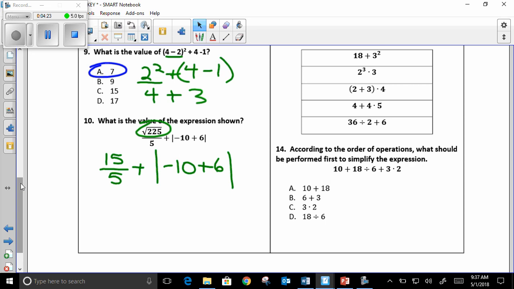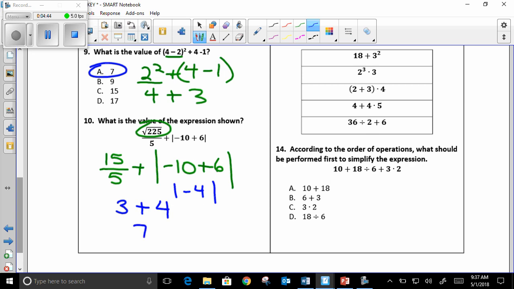Remember that the absolute value is the distance from 0. So 15 over 5 is 3 plus the absolute value of a negative 10 plus 6 is a negative 4. So the absolute value of a negative 4 equals 4, and that's where you get 7.